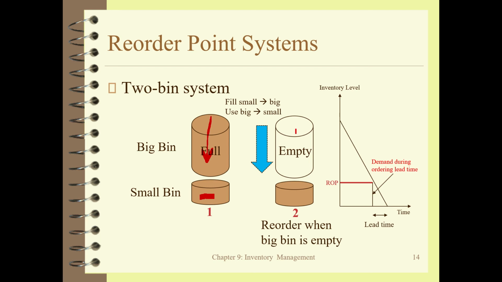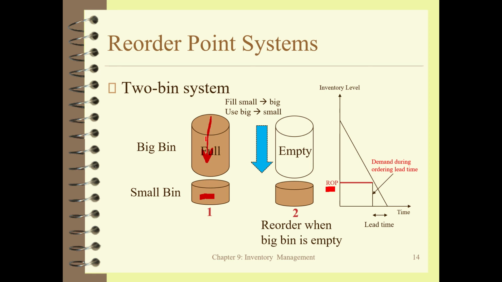Then we use the items from the big bin, and whenever the big bin finishes, that is going to be the reorder point. We place the order, and the amount in the small bin will be equal to the reorder point. For instance, look at the inventory level here and the time here.